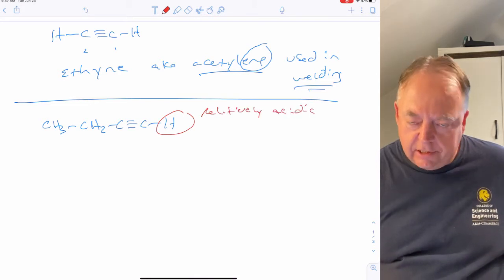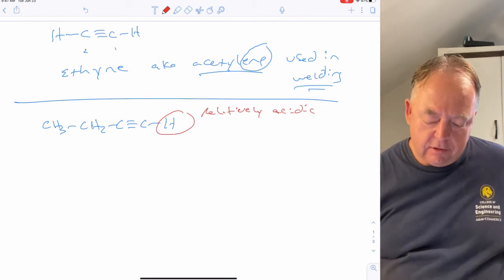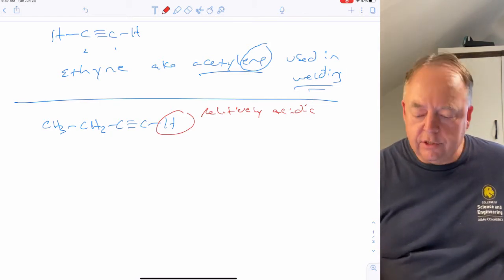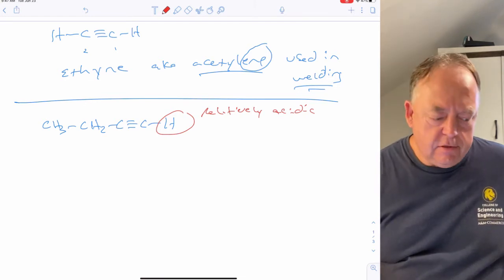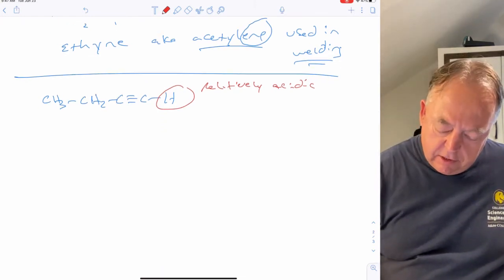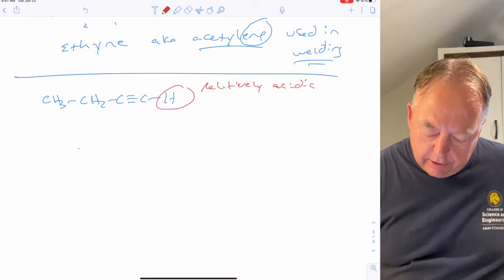It's not acidic like hydrochloric acid, something like that, but it's acidic enough that you can pull the hydrogen off with a fairly strong base.